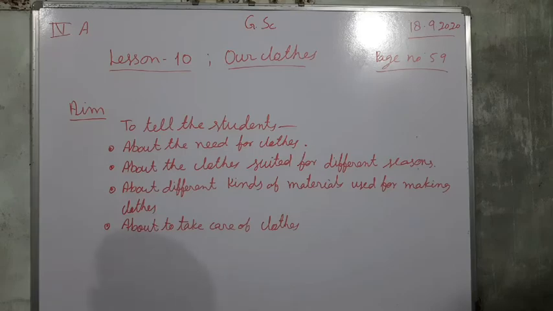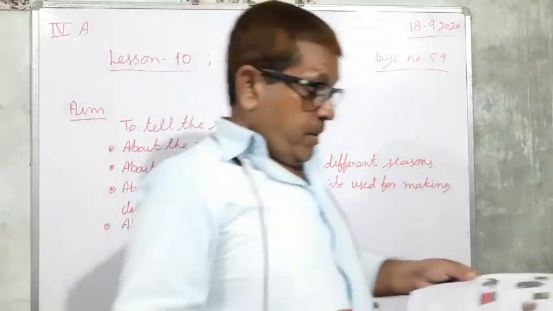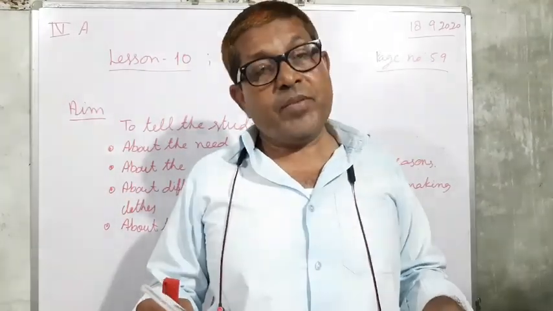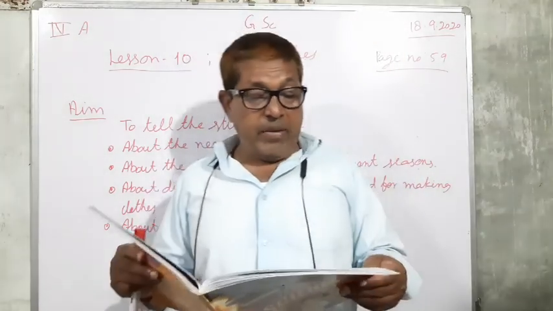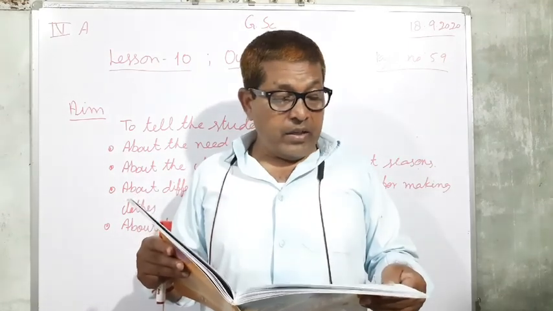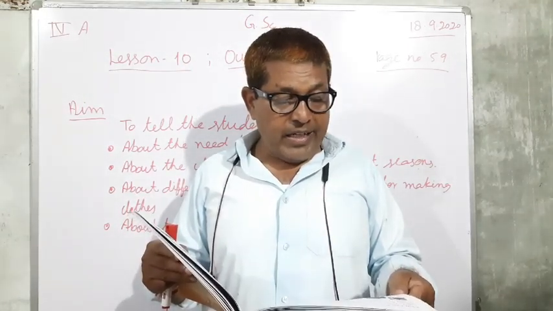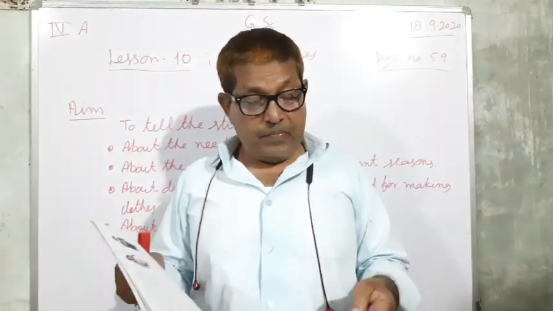Next one is synthetic fibers. Synthetic fibers are obtained from chemical substances, not natural substances. Nylon, rayon, polyester, and acrylic are some synthetic fibers.